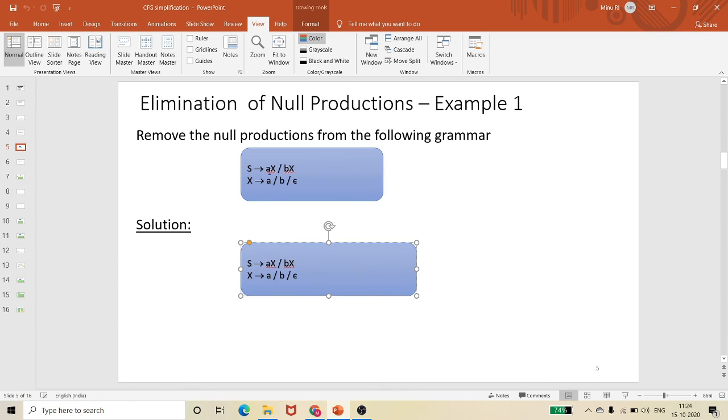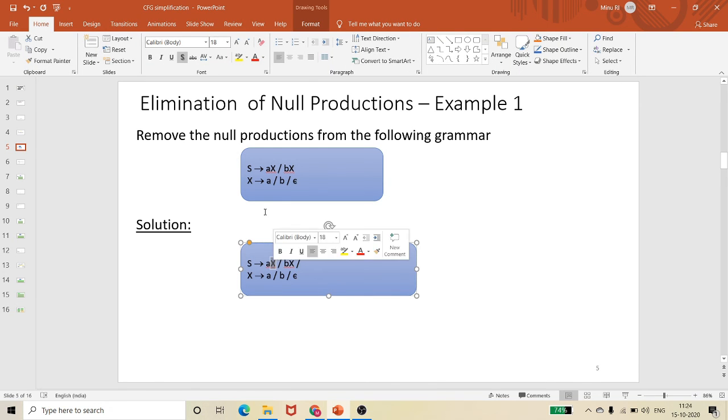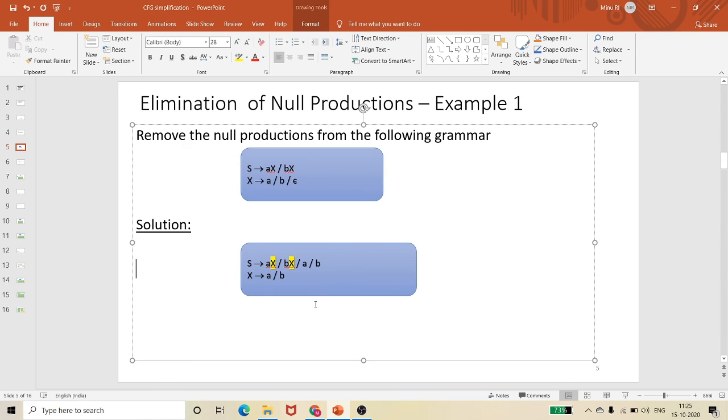Here X was on the right hand side of the grammar, written in the productions of S. When you put epsilon in place of X, this production will become A. Similarly, substituting epsilon instead of X in the other production, it will become B. Here I am just removing the X, because removal of this epsilon is our main target. So this is the answer, very simple.